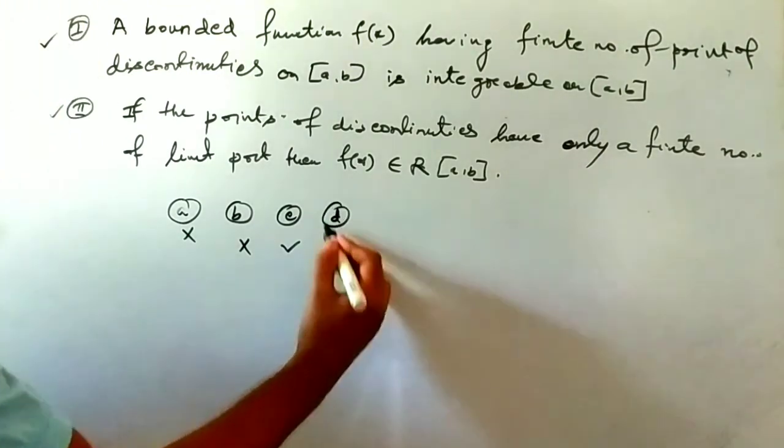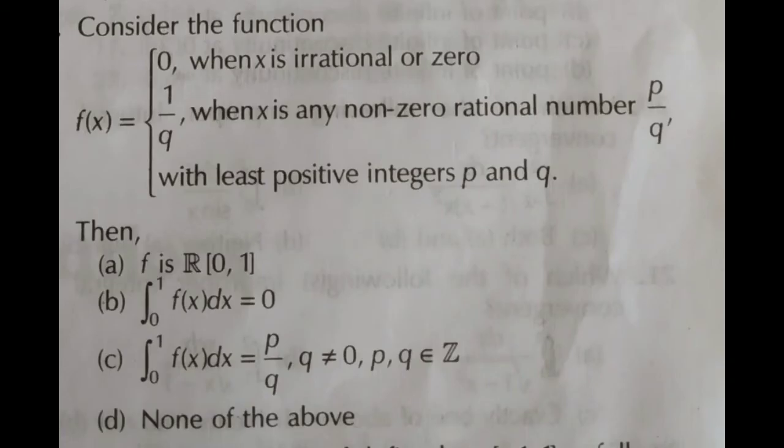Consider the function f of x equal to 0 when x is irrational or 0, and 1 by q when x is any non-zero rational number p by q with least positive integers p and q.